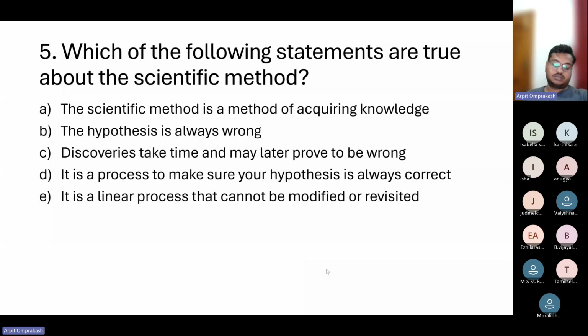So the next question is, which of the following statements are true about the scientific method? The scientific method is a method of acquiring knowledge. The hypothesis is always wrong. Discoveries take time and may later prove to be wrong. It is a process to make sure your hypothesis is always correct. And it is a linear process that cannot be modified or revisited.